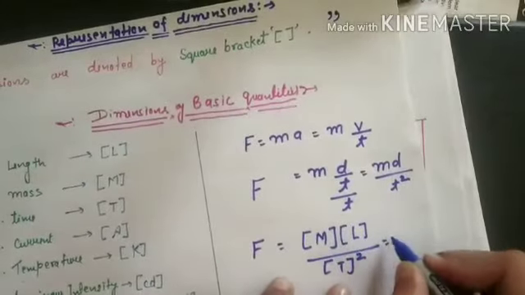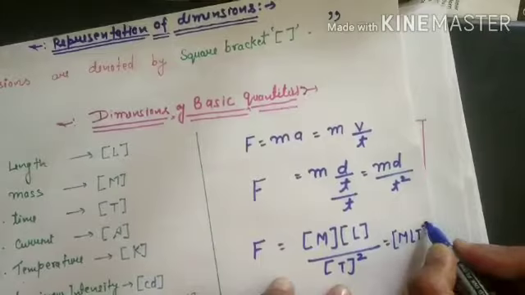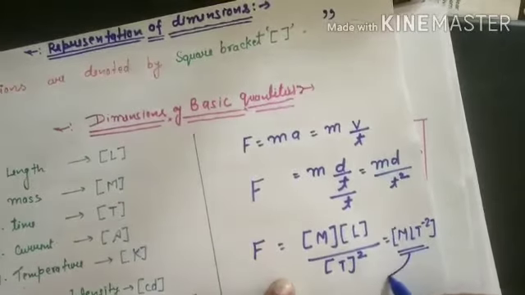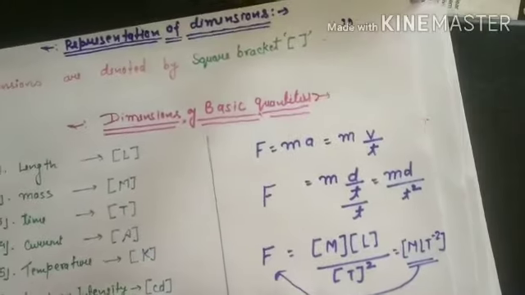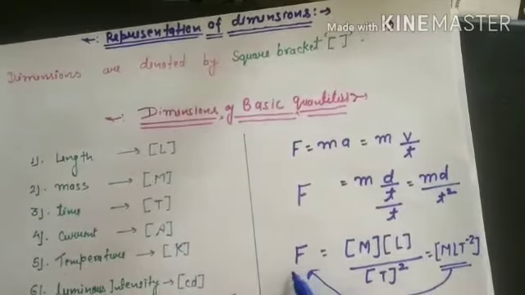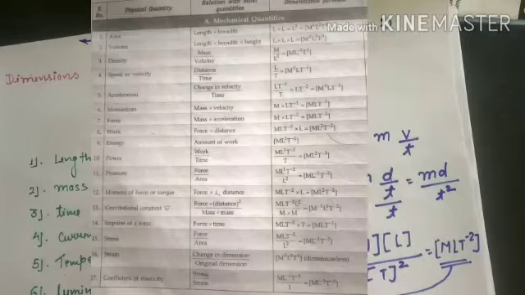If we combine all these, we'll get M L T minus 2. So this is the dimension of force. It's an example to develop the dimension of any derived physical quantity. On your screen there are several derived physical quantities with their dimensions.